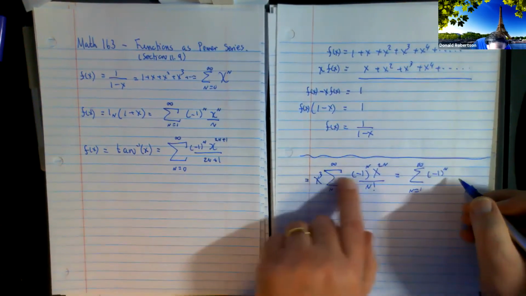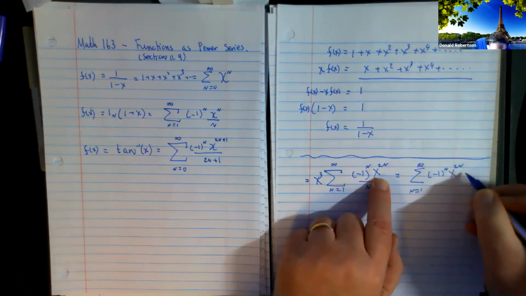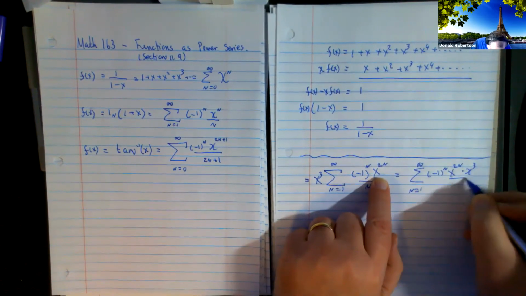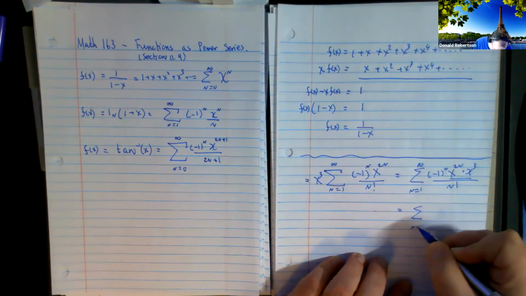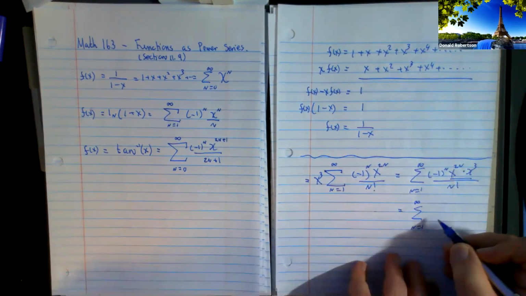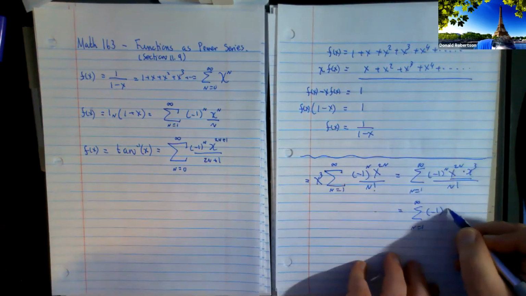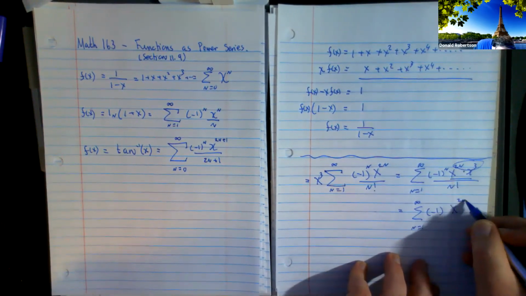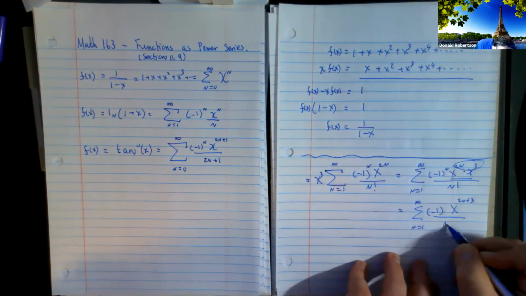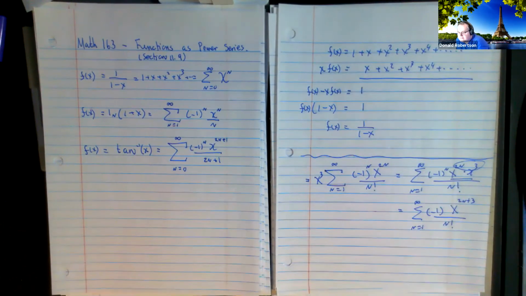Now, if you multiply those together, you get your answer, and those two can be combined. So you are allowed to pull out and put in constants and powers of x's.